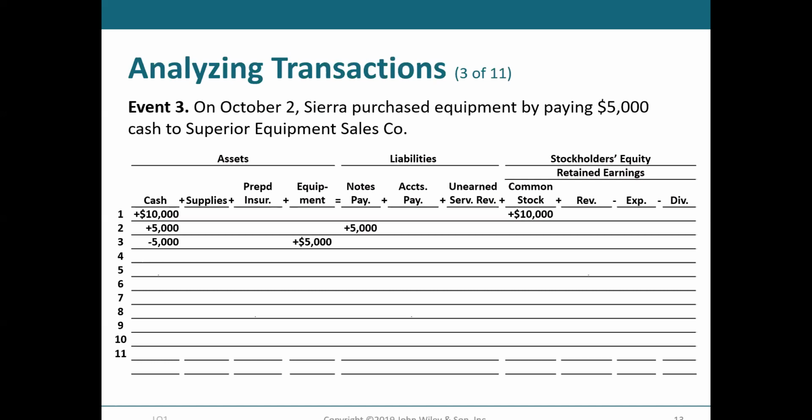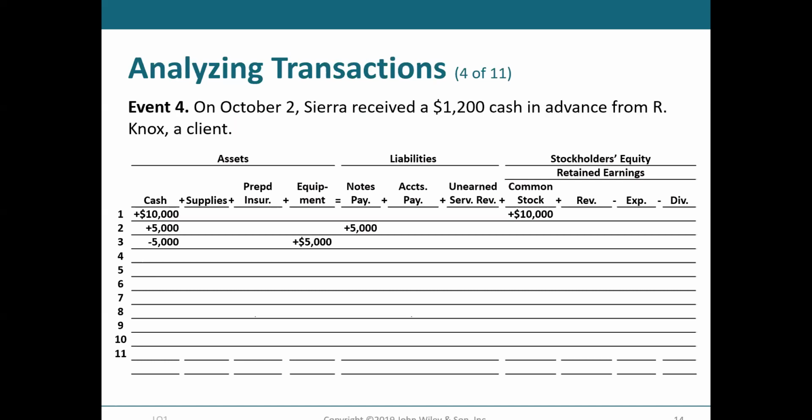Here we go. Event number 4. Sierra received $1,200 cash in advance from R. Knox, a client. This is a little trickier. Here, what we're talking about is unearned revenue, unearned service revenue. What happened here was a customer paid us in advance. So naturally, we record the cash as an increase in cash, but we have not done anything to earn the money yet.